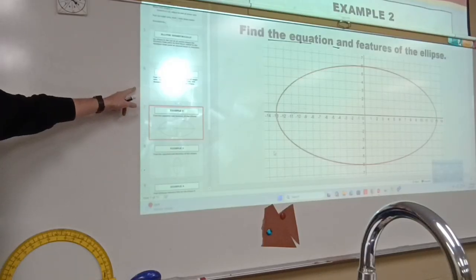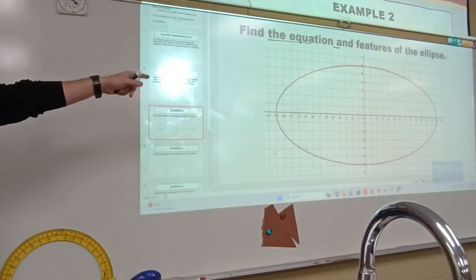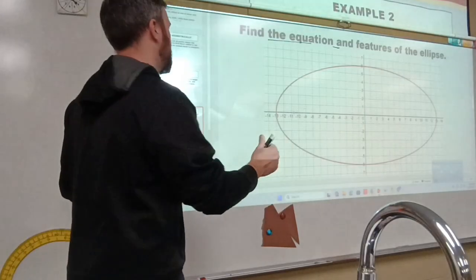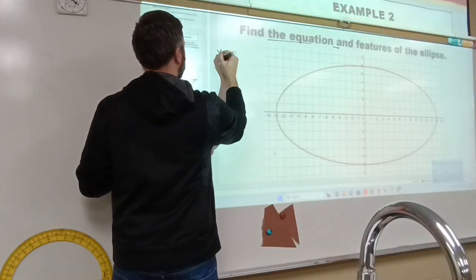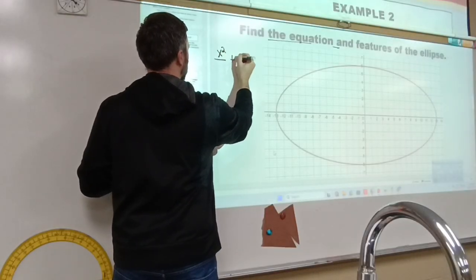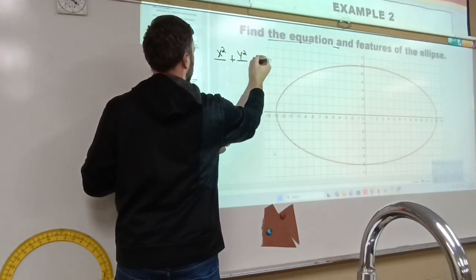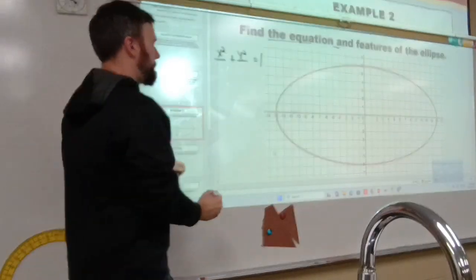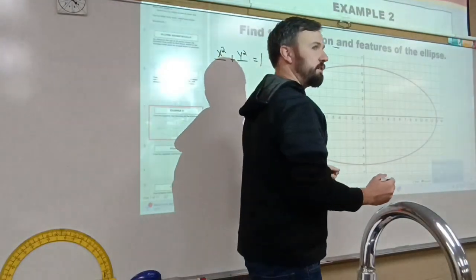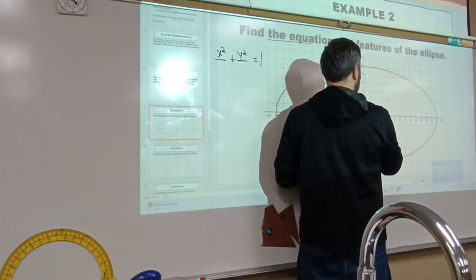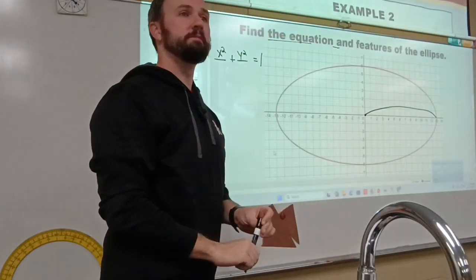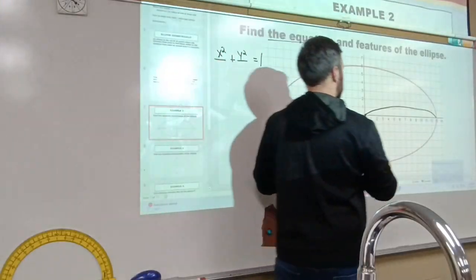Hey, how can we go from this graph to an equation? What do we need to find? It's x squared over something plus y squared over something equals 1, right? Now all you gotta do is, what's my distance from 0 to the edge of that ellipse? It's 13, right?